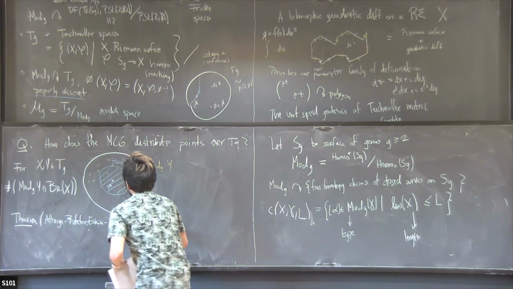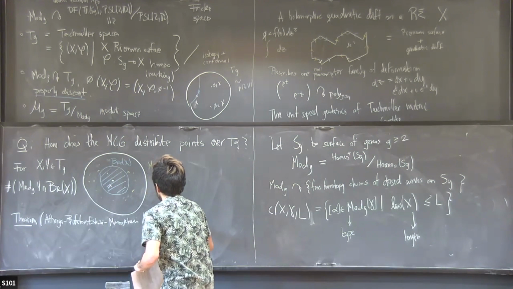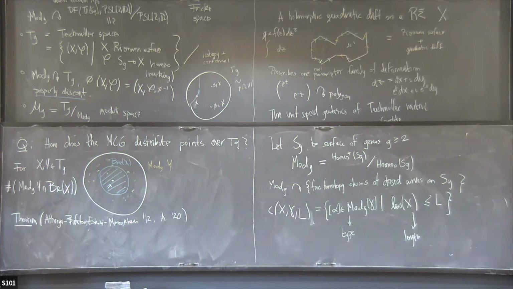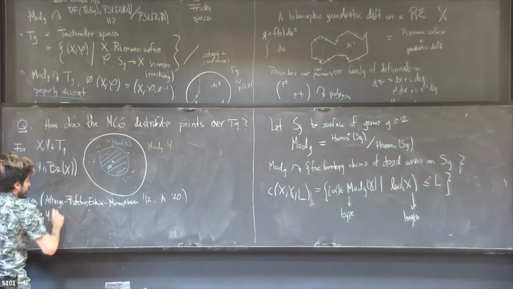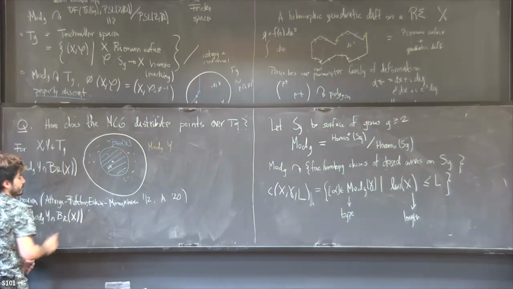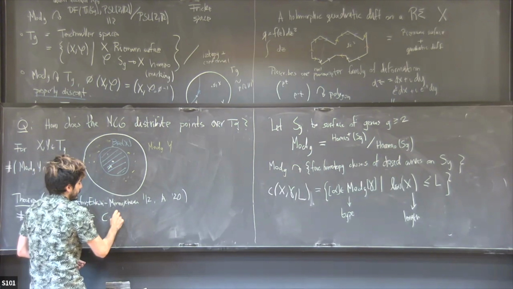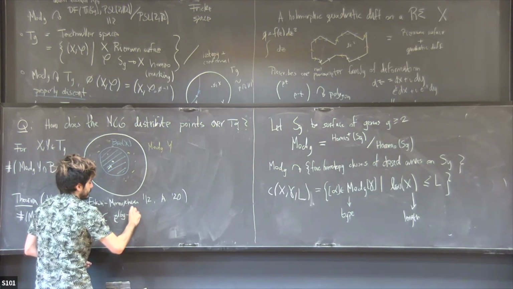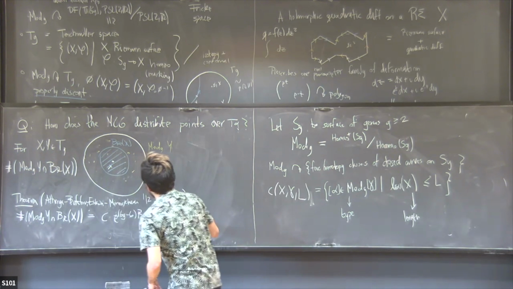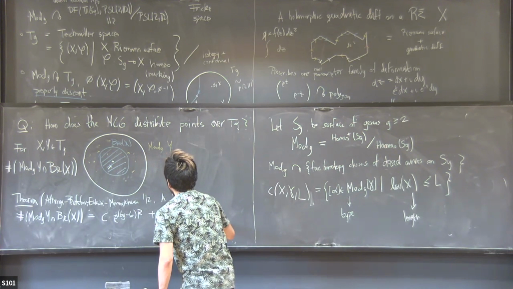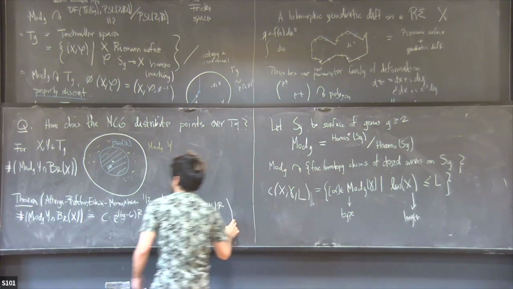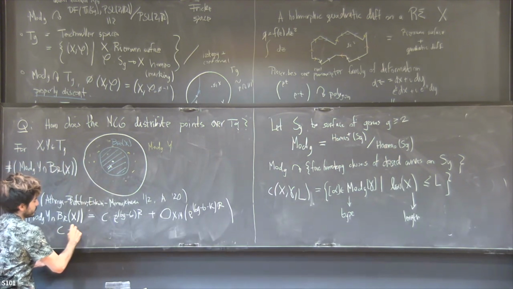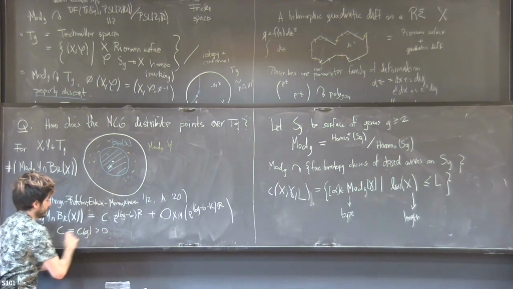And also there's work of myself more recently from 2020, where we prove that the quantity that we care about, the number of points that lie inside the ball of radius R, grows like an exponential of order 6g minus 6 plus some power saving error term: e to the (6g minus 6 minus kappa) times R. And here I should say that magically the constant only depends on the genus. That's just magic. Maybe let me not say more than that.